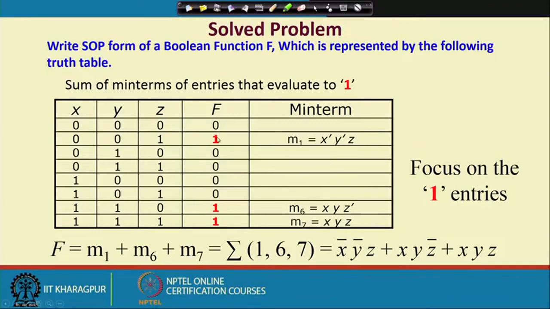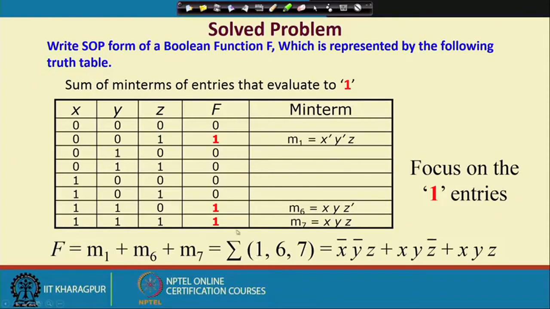If you consider only the rows where the function f evaluates to 1, those are 0 0 1, 1 1 0 and 1 1 1. For 0 0 1 the corresponding index is 1, for 1 1 0 the index is 6, and for 1 1 1 the index is 7. So, my overall function is m1 plus m6 plus m7, in the sum of products form.